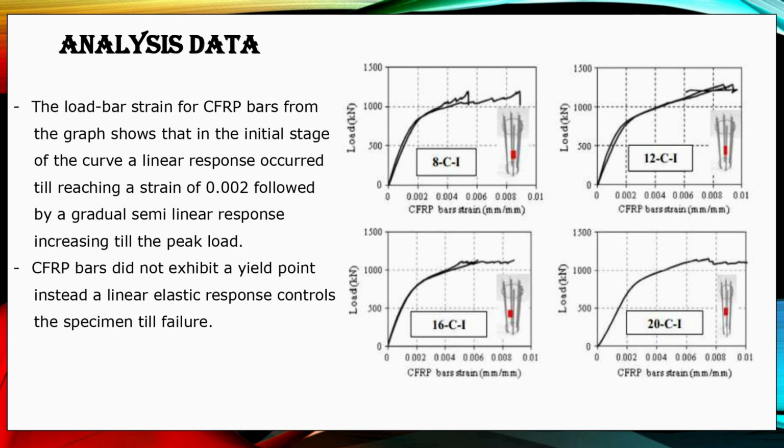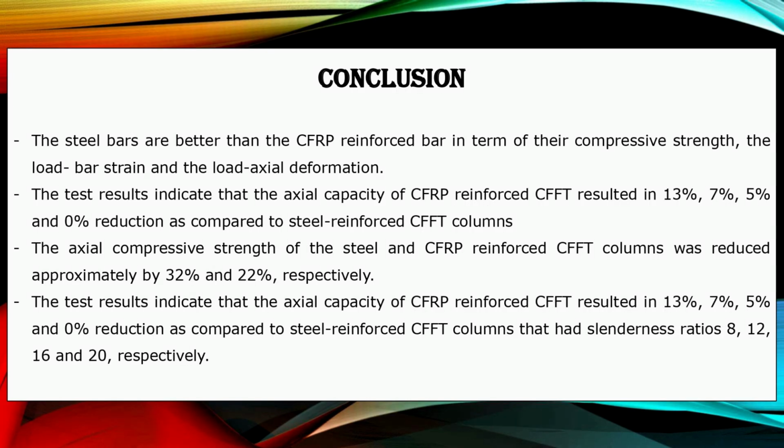Instead, a linear elastic response controls the specimen till failure. In conclusion, the steel bars are better than the CFRP reinforced bars in terms of their compressive strength, the load bar strain, and the load axial deformation.